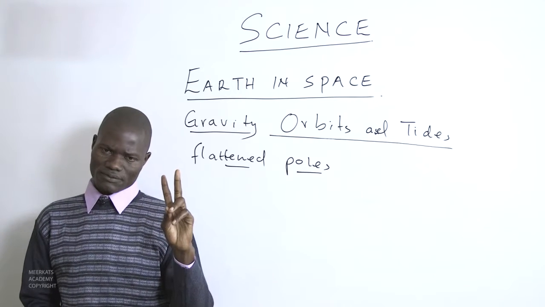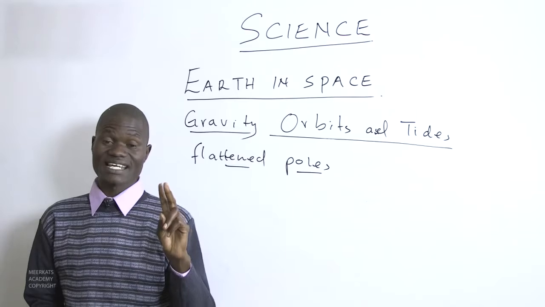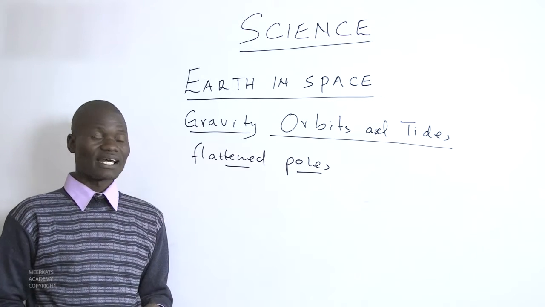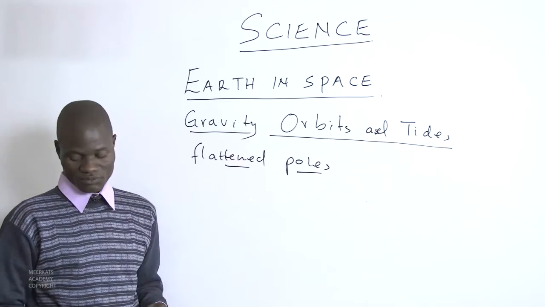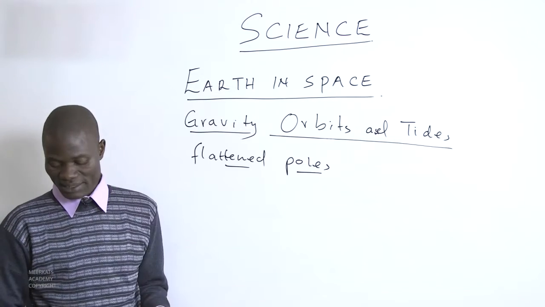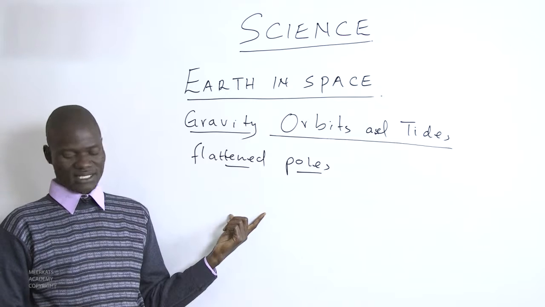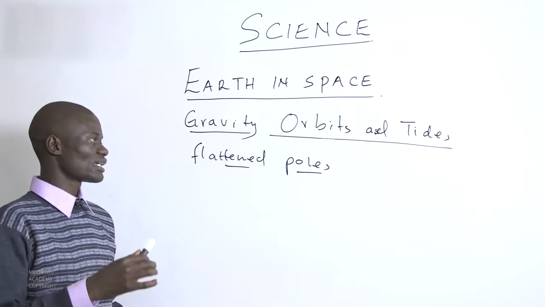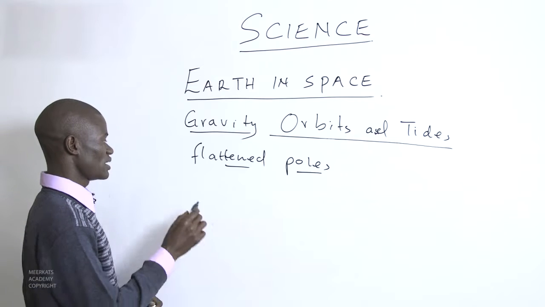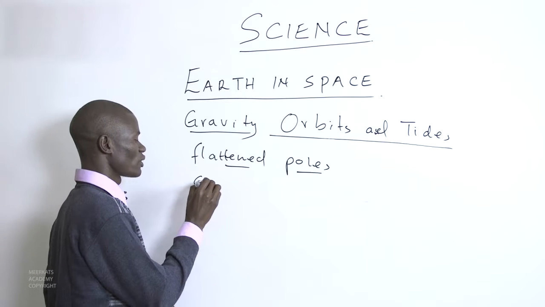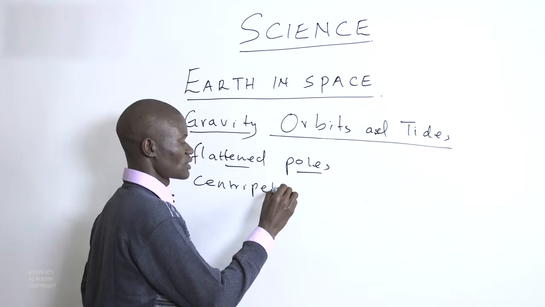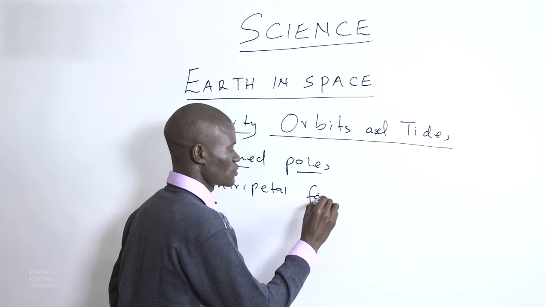There are various forces that work on the shape of the Earth and make it flattened. For example, the force that works at the poles of the Earth to make it flattened, we call centripetal force.